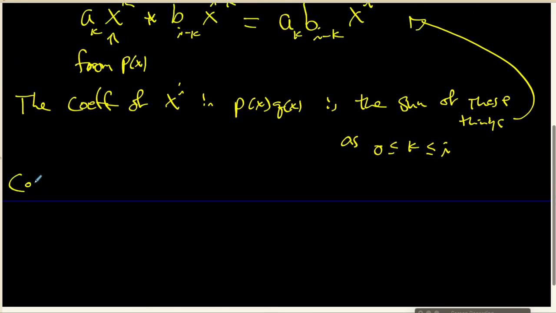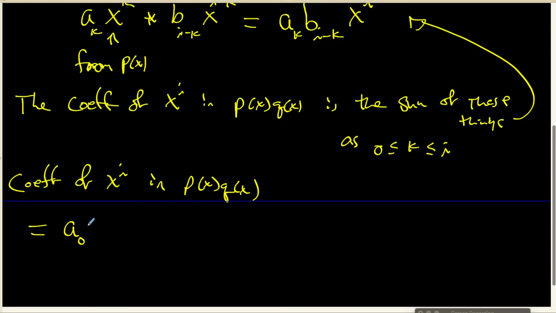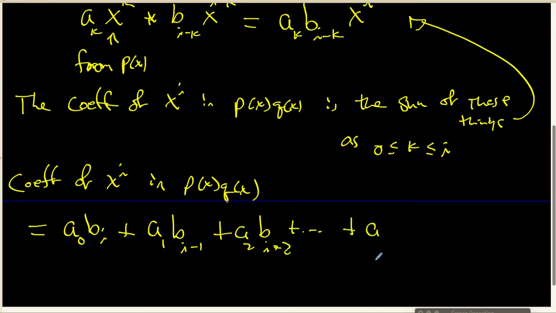Well, what this means is that I can actually write the coefficient of x^I down explicitly. The coefficient of x^I inside my product polynomial is going to equal, let's see, it'll start off with a0 times b to the I, and then it'll have a1 times b to the I minus 1, and then a2 times b to the I minus 2. And we will keep going until we get up to a to the I minus 1 times b1, and then we will have a to the I times b0.